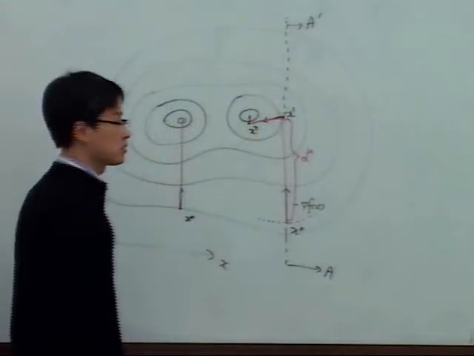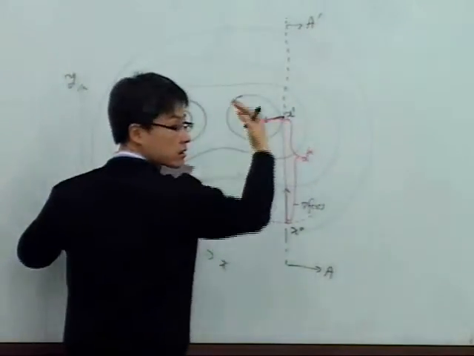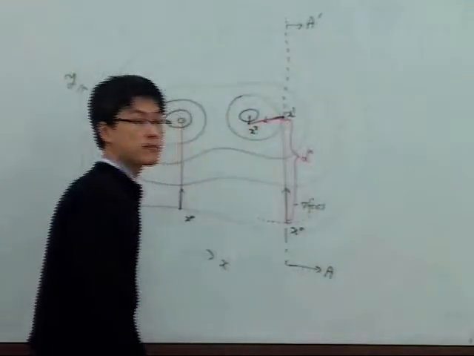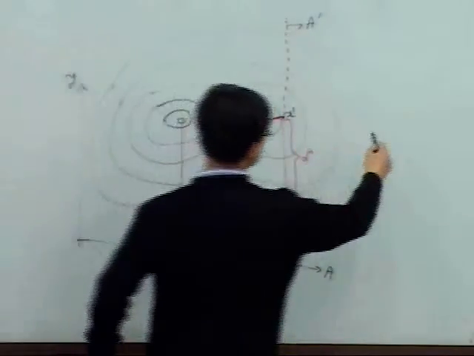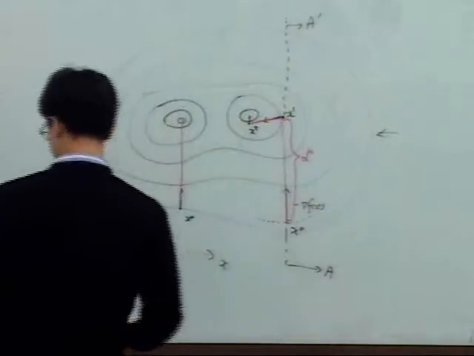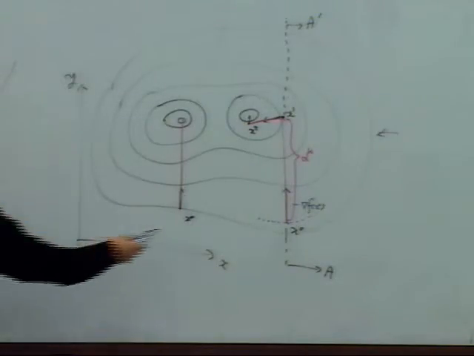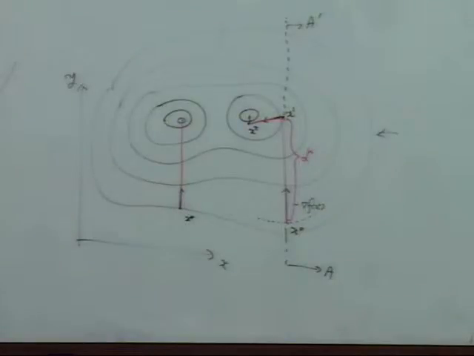Since this is a curved surface, let's assume you cut this surface and look from this direction. Then the shape will look like that, right? We are in here, x0, right?